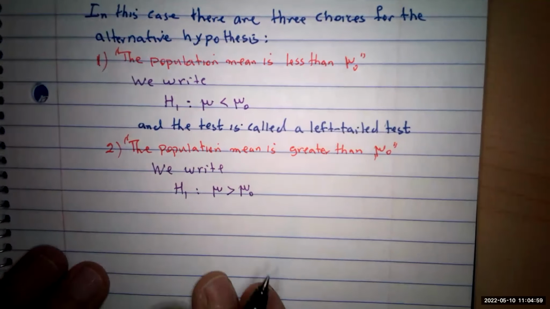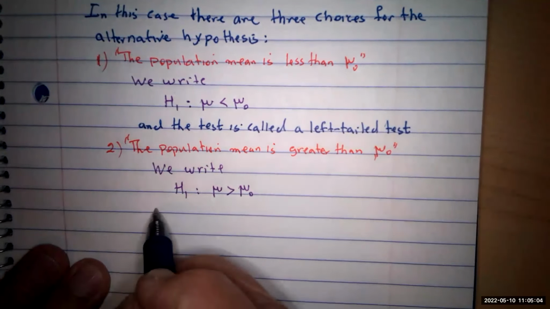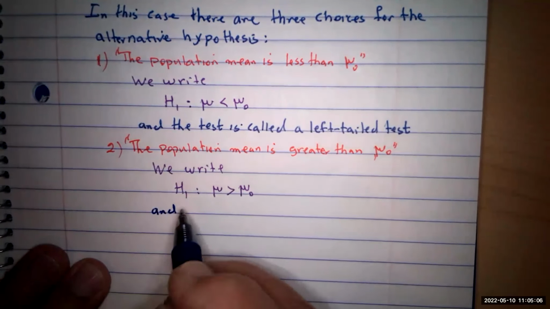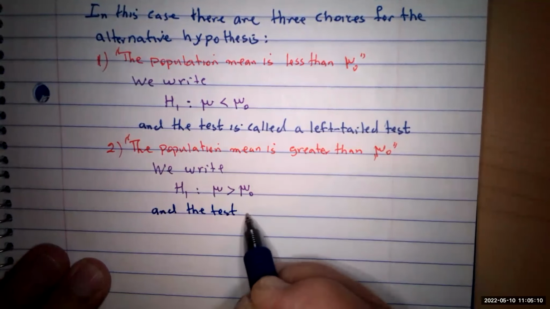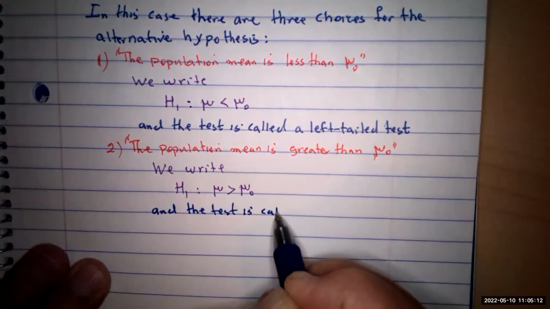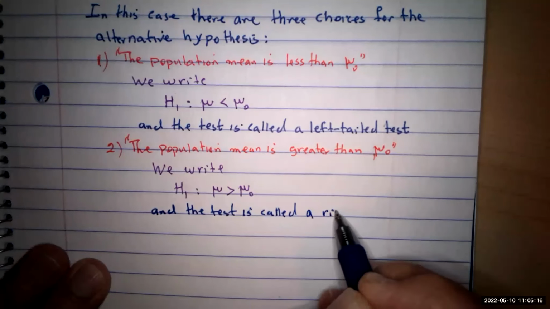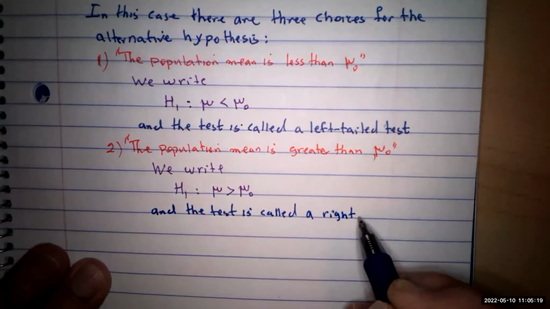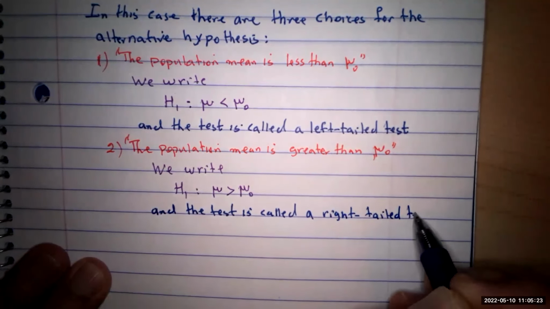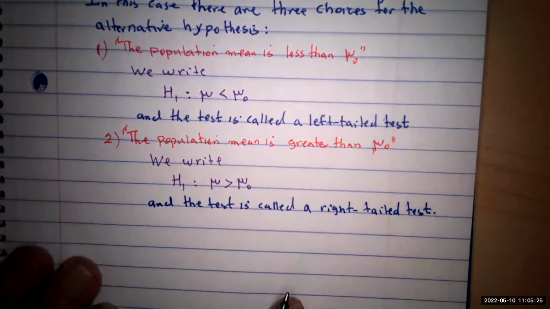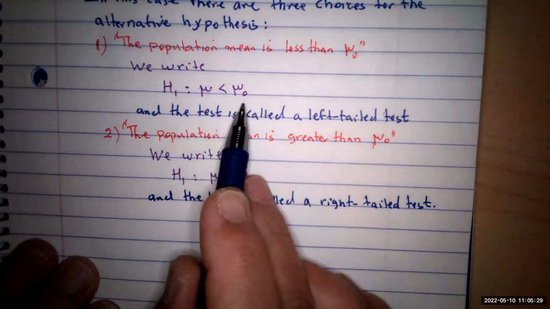Again, it would end up with finding the area to the right, and the test is called a right tail test, because it's greater than. Left tail test because it's less than.